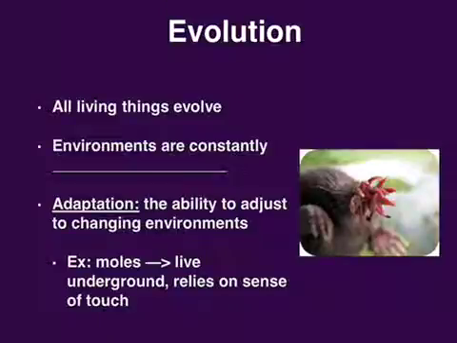All living things evolve because environments are constantly changing. They could be changing because of natural events, or they could be changing because of humans. And so in order to evolve, you have to be able to adapt or adjust to these changing environments.